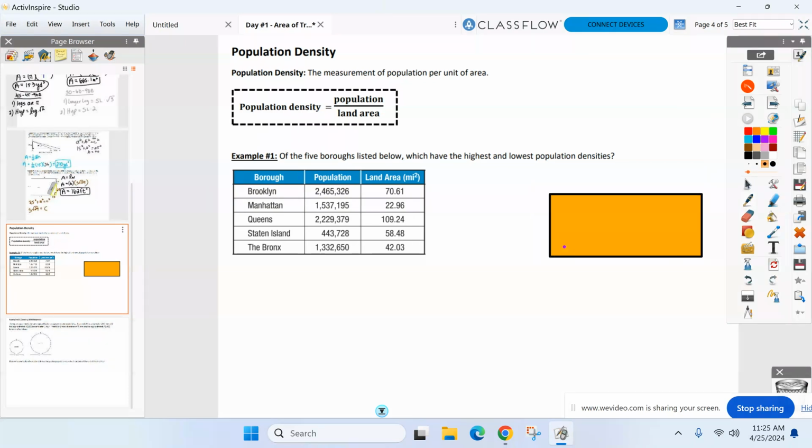Ready? Here's what I'm going to do in the land. They're all supposed to be dots. Very high population density here.